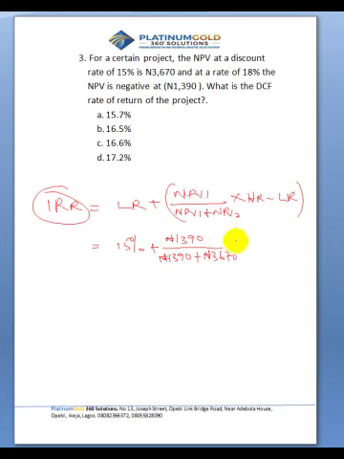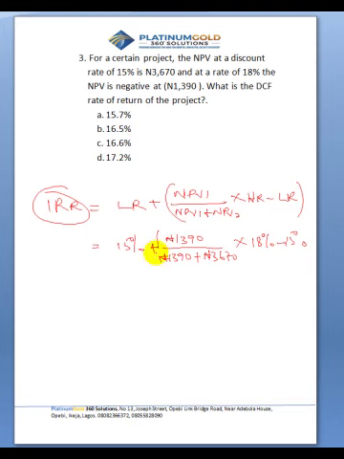Okay, all of this times 18% minus 15%. So on your calculator, 18 minus 15 gives me 3%.